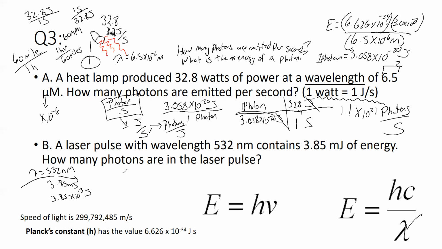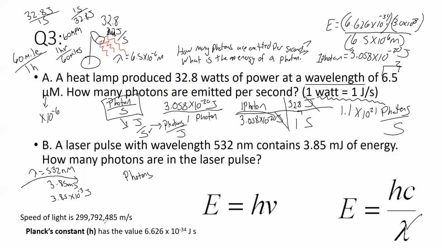Therefore, how many photons are in the laser pulse? So here we're not dealing with time. It's just a straight, if I shoot it with a laser, how many photons are in that laser? So my unit should be photons here.